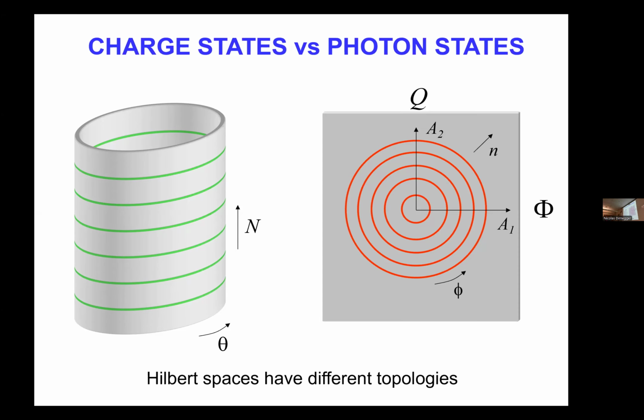This rotor has a classical phase space which is a cylinder, because the position variable lives on a circle, but of course the conjugate momentum can classically live on the line.